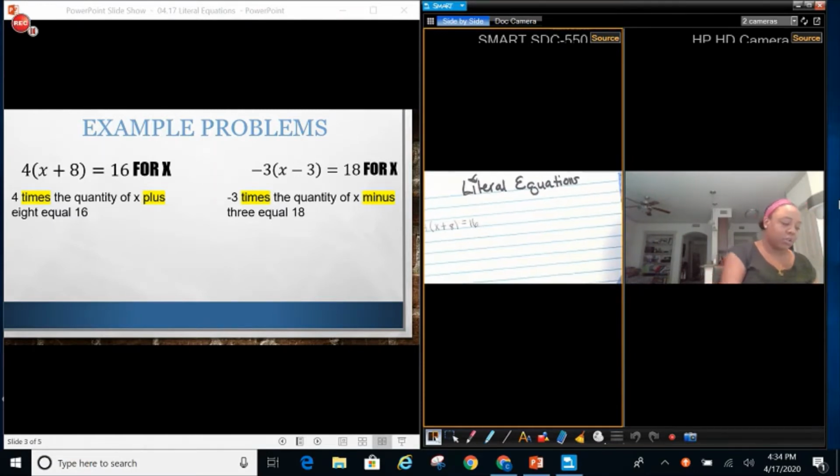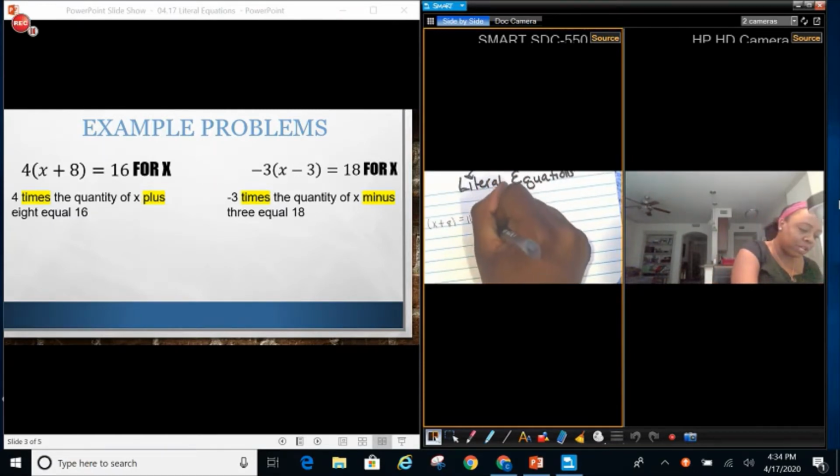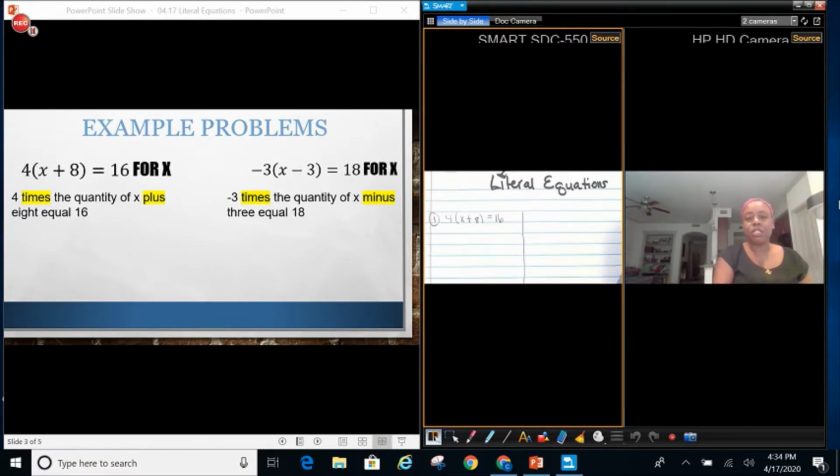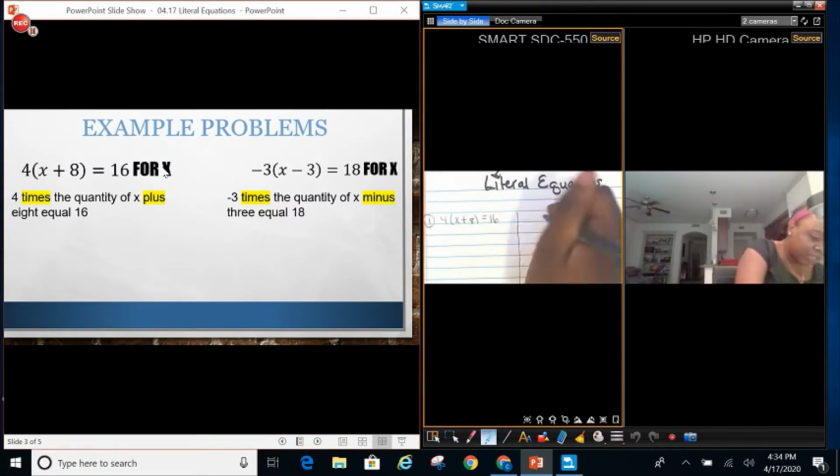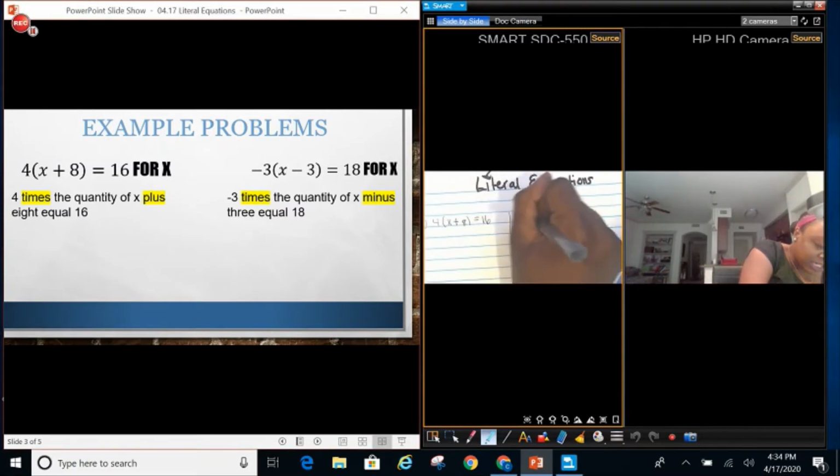Okay, so my very first step is to figure out what do they want me to solve for. In this problem, they want us to solve for x. They tell us right here that they want the x by itself. So I want to isolate x.